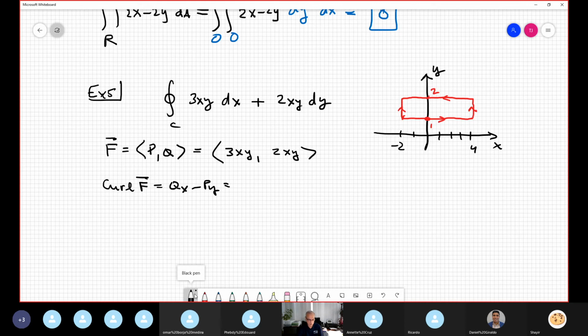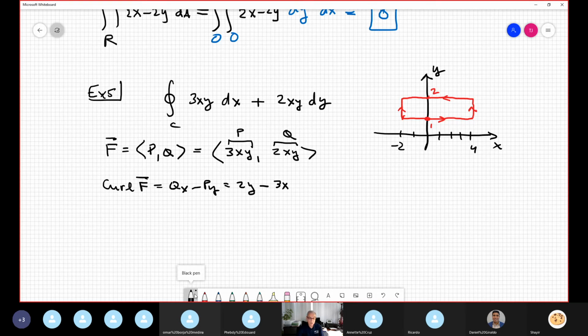It's super easy. The derivative of Q with respect to x is 2y, minus the derivative of P with respect to y, which is 3x. This is our curl. It's a scalar function. In 2D it's scalar, in 3D no, but in 2D it's scalar.